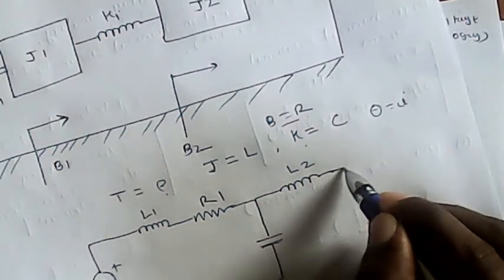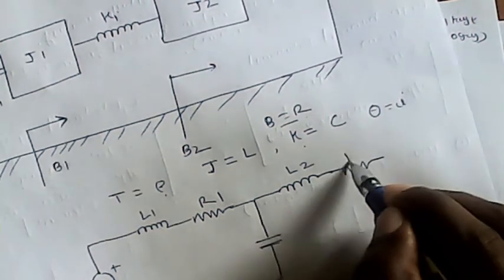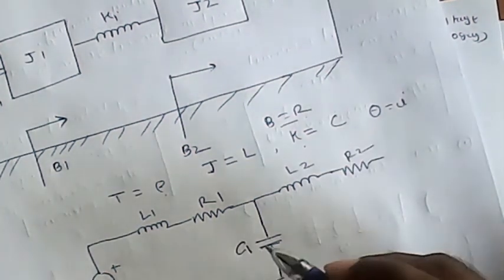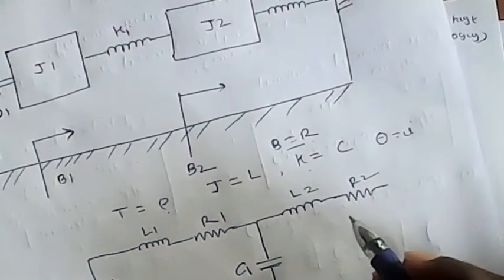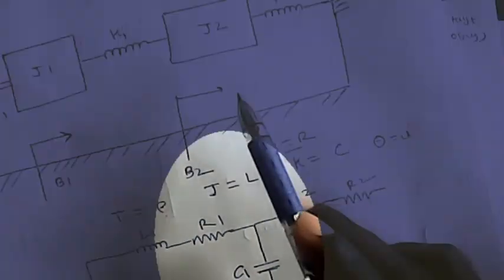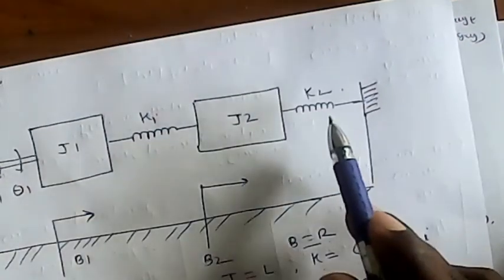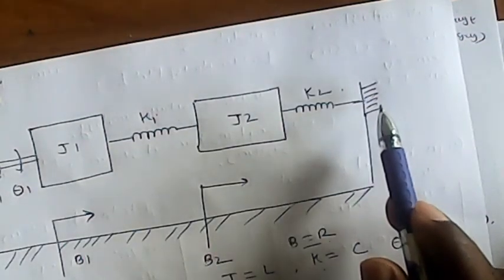That is R2, and the spring K1 is denoted by capacitor C1, which is a common element between the two masses. The B2 friction is mapped into resistance, mass J2 into inductor L2, and again there is a spring attached at one fixed end, which we represent as a capacitor.